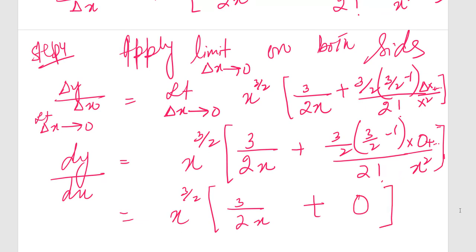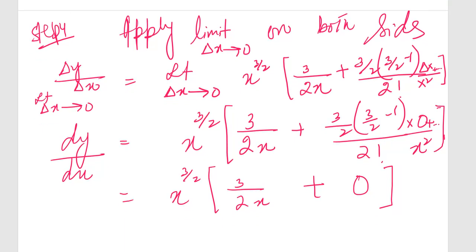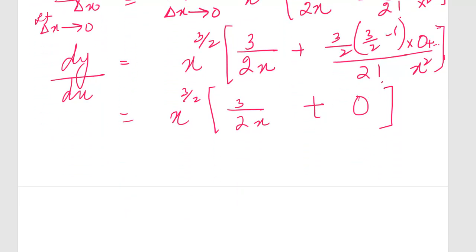This whole term will be 0, and then we have dy by dx, which is equal to x power 3 over 2 divided by, I can write down like this, 3 over 2x.